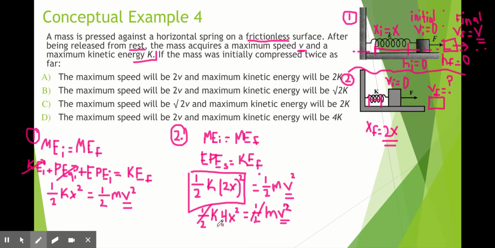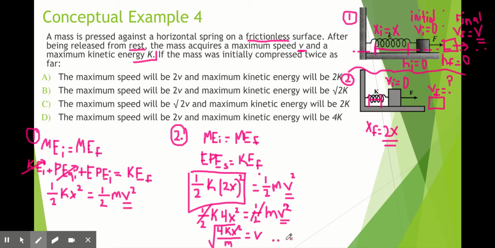So I'd have, just going to rearrange this a little bit, 4k x squared, divide both sides by m, and then take the square root. Okay, so v is going to be equal to the square root of 4k times x squared over m, which can be simplified a little bit.